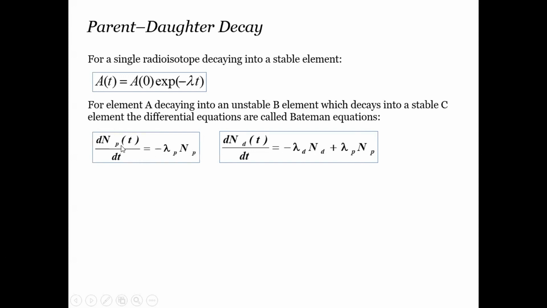The first equation is about the parent: the rate of change of the parent elements with respect to time is directly proportional to the number of parent nuclei. Lambda p is the decay constant for the parent, and it is related to the half-life of the parent. The second equation tells the rate of change of the daughter elements' number with time.